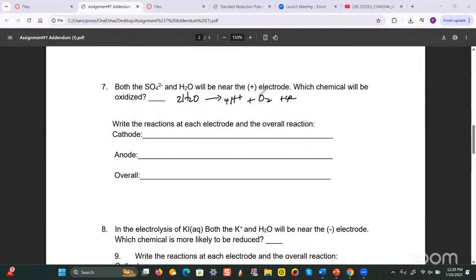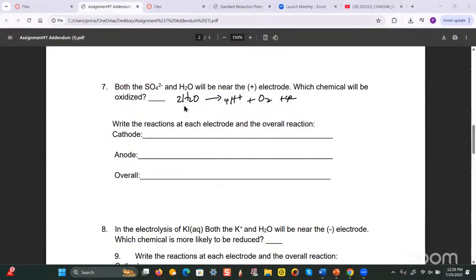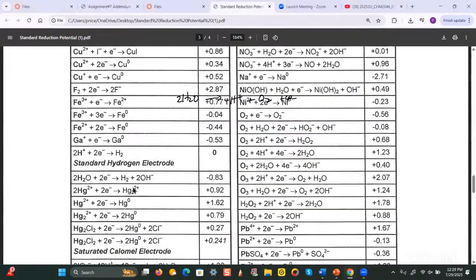Now, in this case, we have to be careful when we're looking for what will happen in terms of the EMF value, because remember, the table gives you the standard reduction potential. So what we're going to look for is the equation where this is reversed in the table, right? So we're looking for H+ and oxygen plus electrons to form water, which is right here, right?